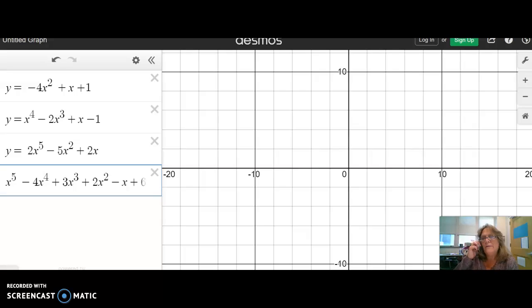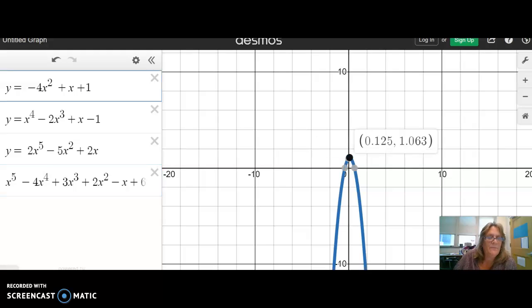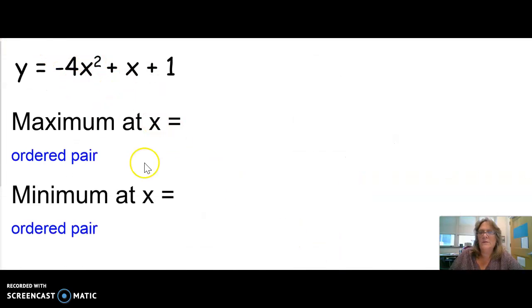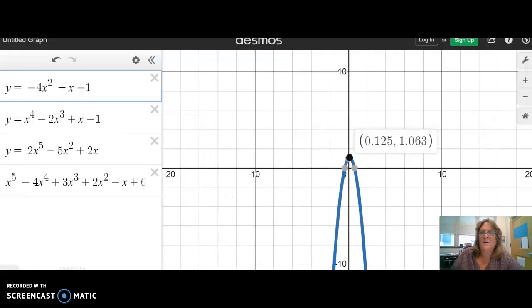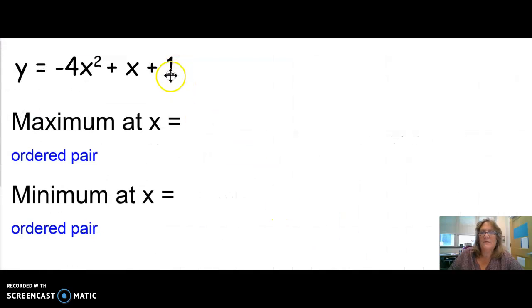For the first graph, if we look at this one, I only technically have a maximum, and my maximum is at x = 0.125.